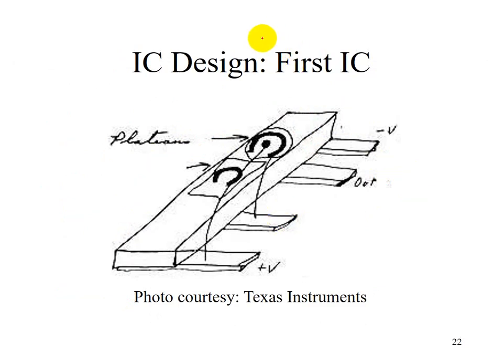This is the first IC designed by Jack Kilby. You can use hand scripting to draw the design. But once you have billions of transistors in one IC, you are no longer going to use hand drawing. So you need a so-called EDA system, electronic design automation system, to help you design and lay out an IC.